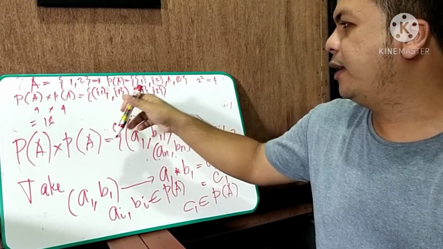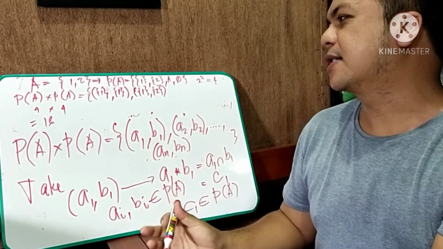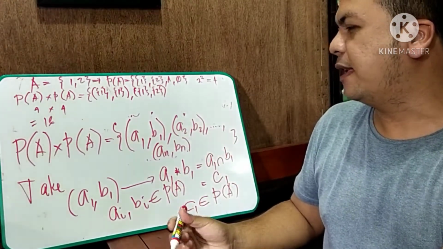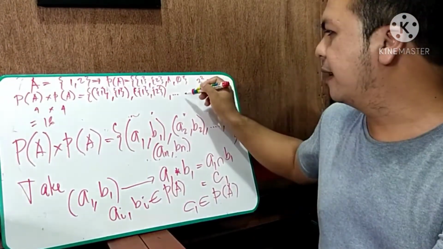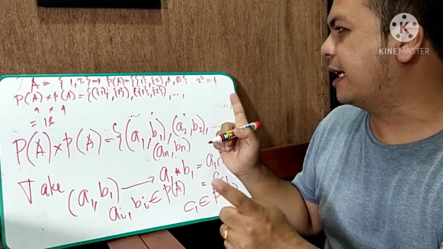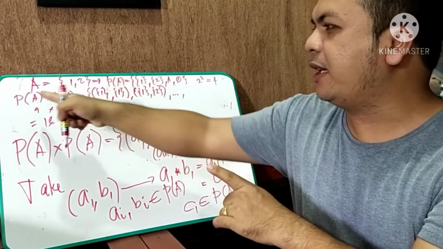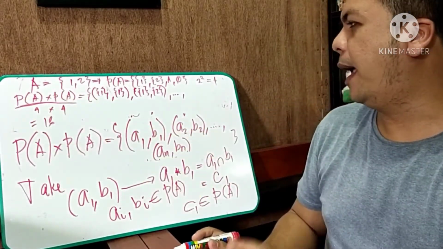So, again, limited yung space natin. So, kailangan tayong i-limit yung pagsusulat natin. So, say, i-assume lang natin na yung last na ordered pair as element nitong Cartesian product ng dalawa.